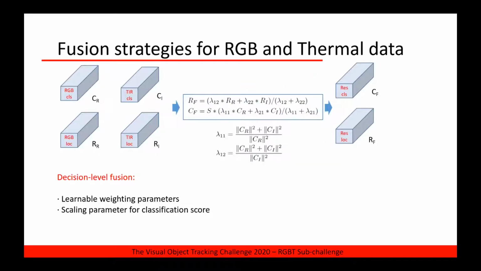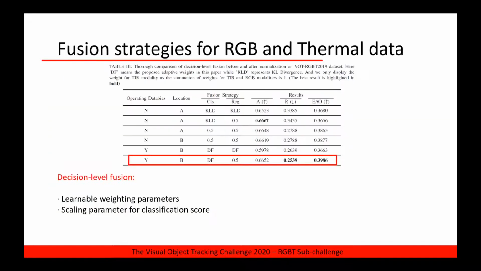In addition, we also introduce learnable weighting parameters lambda to fuse the responses from the RGB and thermal channels for both the classification branch and the regression branch. From the experimental results, we can find that the rescaling and adaptive weighting parameters can improve the tracking performance.